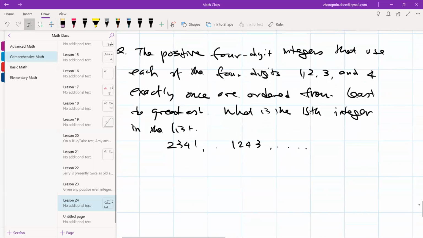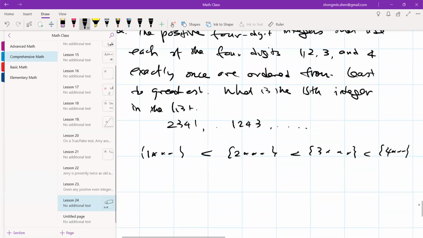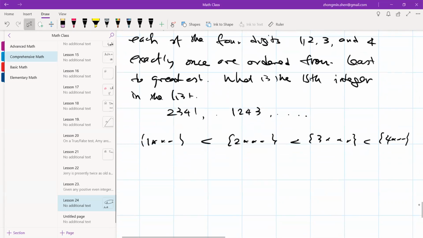So let's count. They're listed in order. If you begin with 2, it's definitely larger than a number beginning with 1. So you have 3 groups here. Then you just need to compare within each group. How many numbers are in this group?